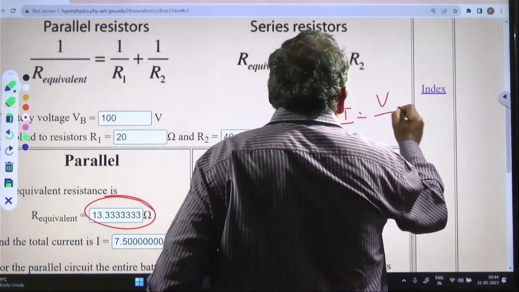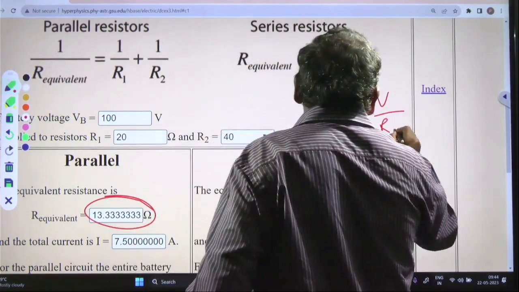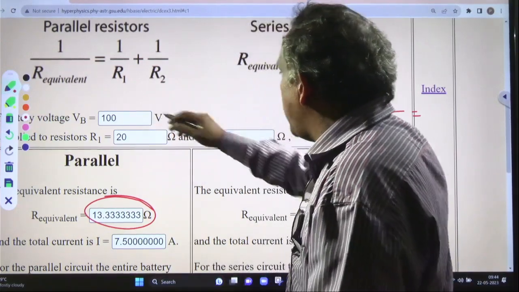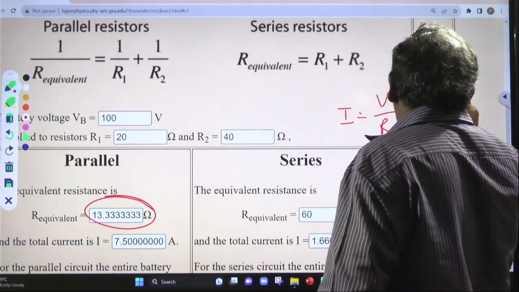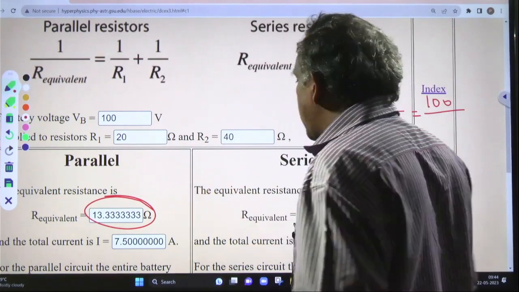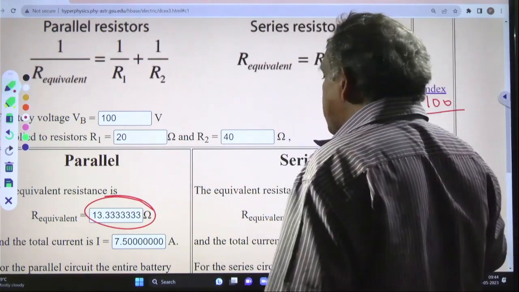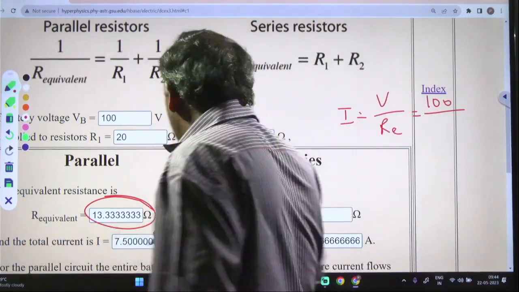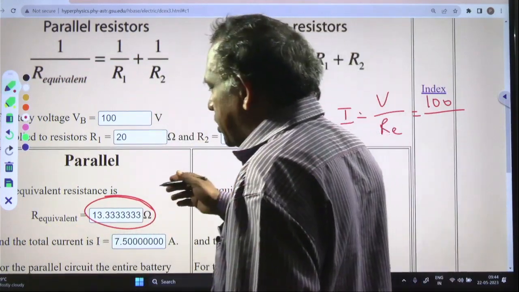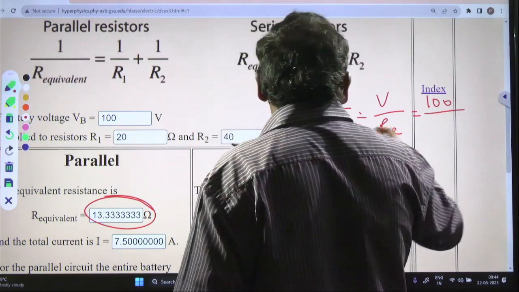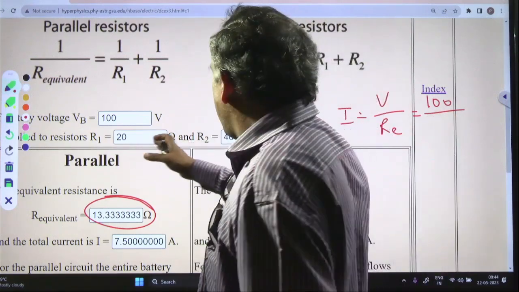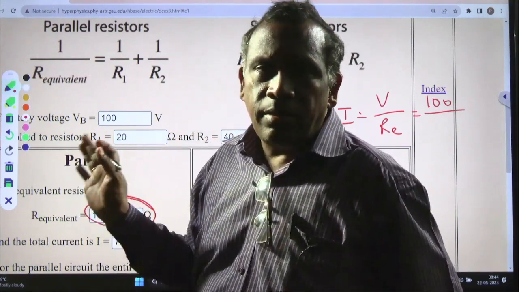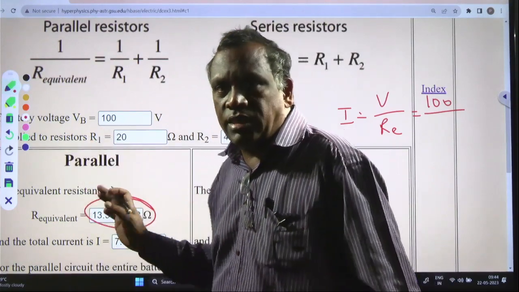The voltage across a parallel connection is the same, 100 volts, and R equivalent is 13.33. Using 20 into 40 by 20 plus 40, 20 into 40 is 800, by 60 is 40 by 3.